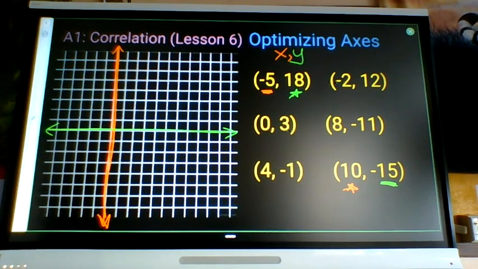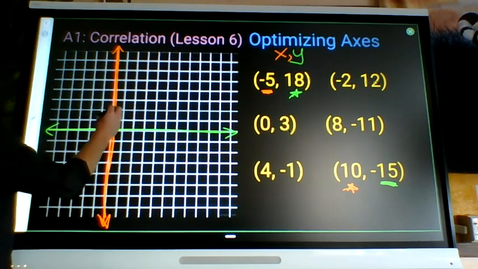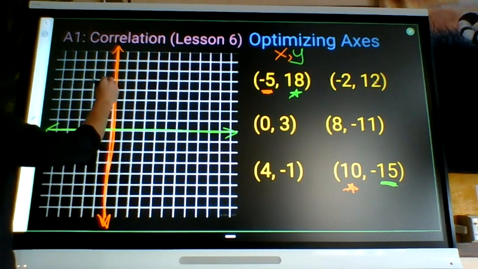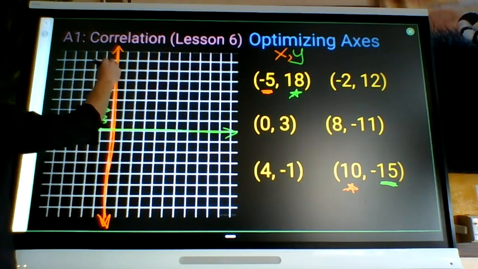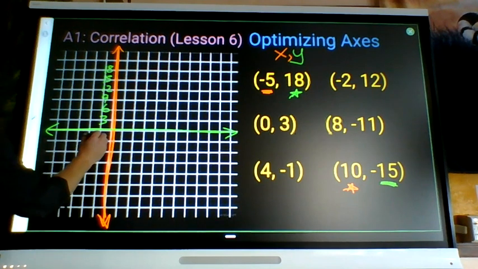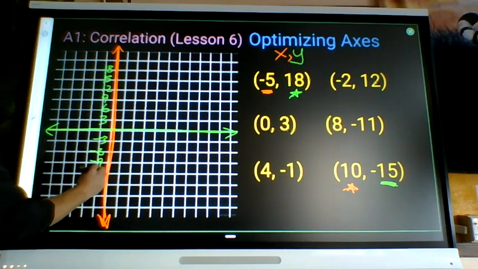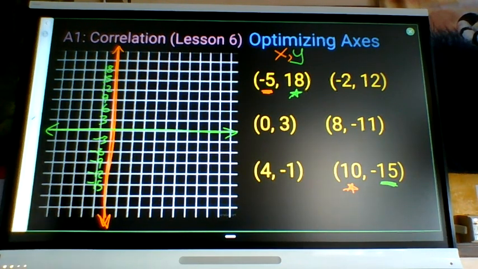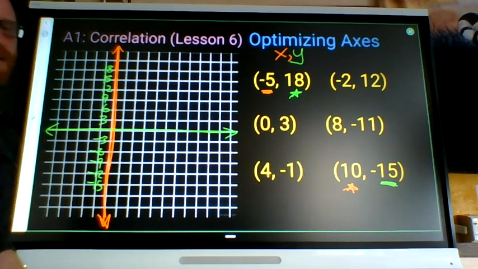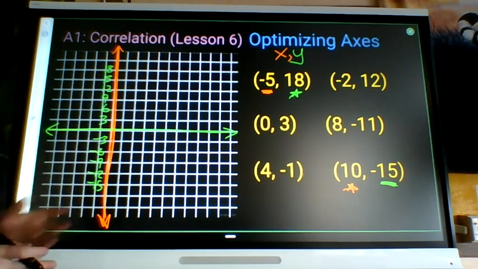I'm going to count by 3s: 3, 6, 9, 12, 15, 18, -3, -6, -9, -12, -15. Counting by 3s in the y direction will assure me that I can fit all my data.